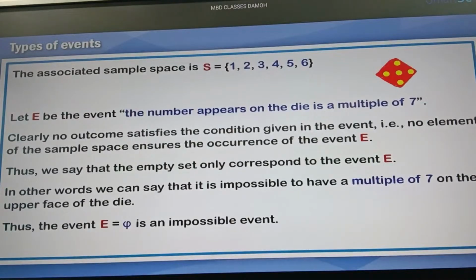Thus, the event E = phi is an impossible event.